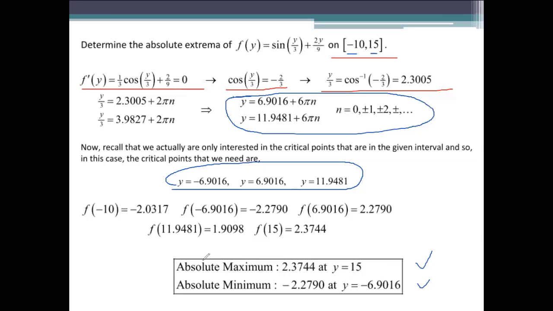And pay attention: when we write the absolute maximum and absolute minimum, we need to write the argument too, I mean the two coordinates of this point.